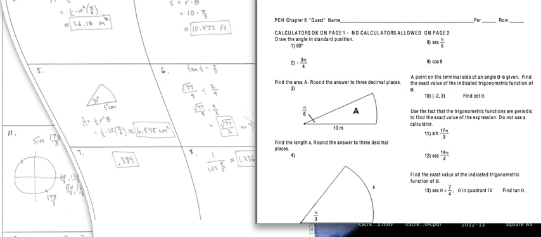Number 9 was not only a problem that was testing your ability to understand how to use your calculator, but as we've talked about before, unless you see a degree symbol, it always means radians. So some of you didn't know what to do. Some of you wrote the radian and the degree, but that's not what this is saying.